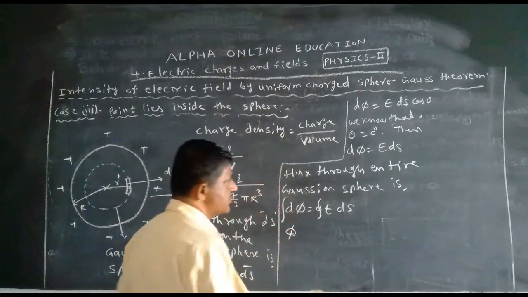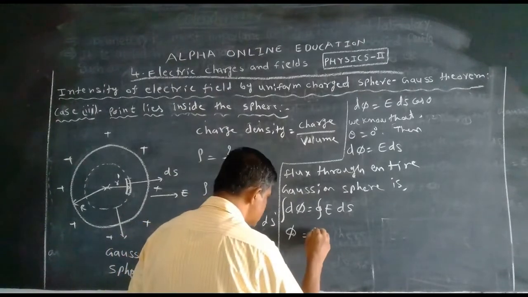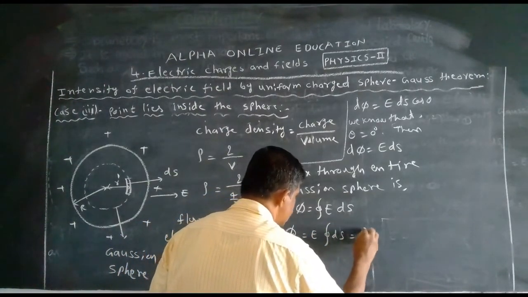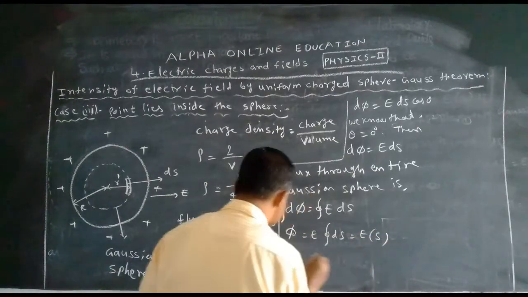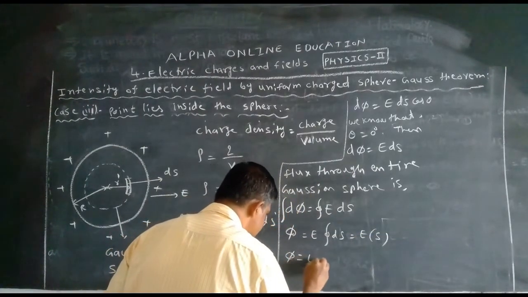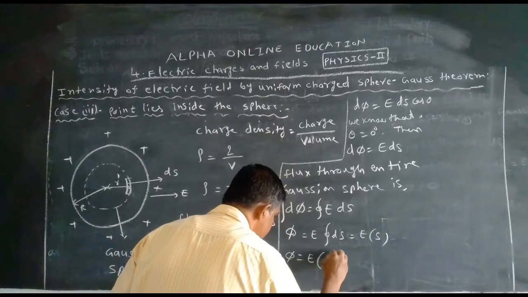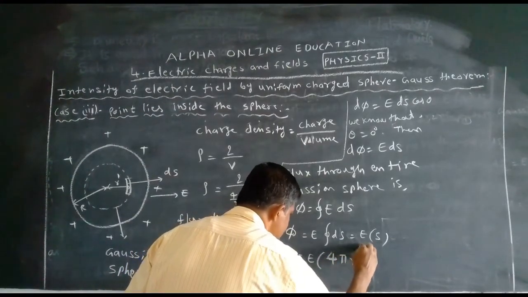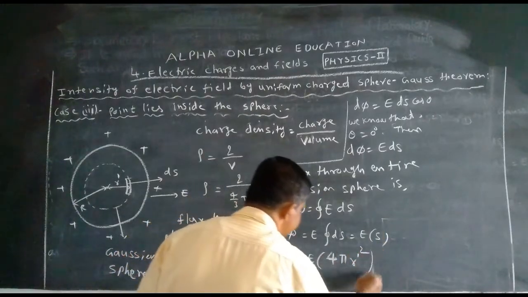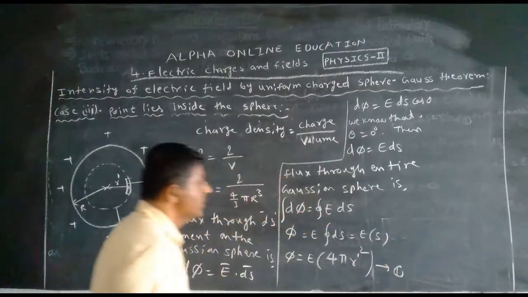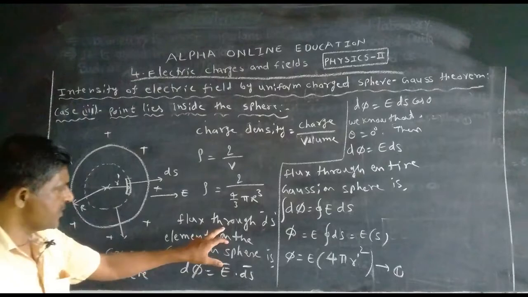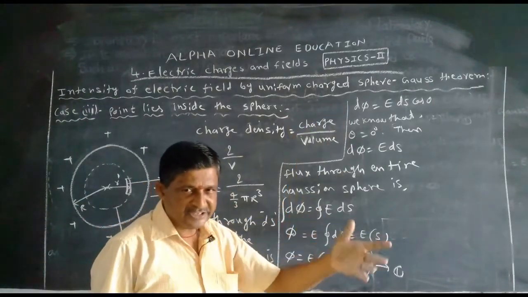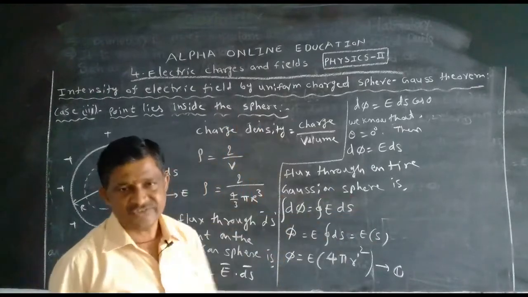Integral d phi is phi, which is equal to E into integral ds, equal to E into S. Phi is equal to E into 4 pi r dash square. Okay, from here onwards the method of derivation is similar to the first case.